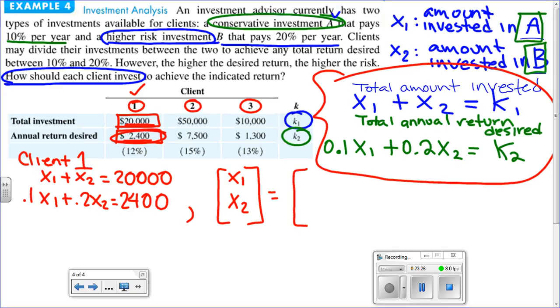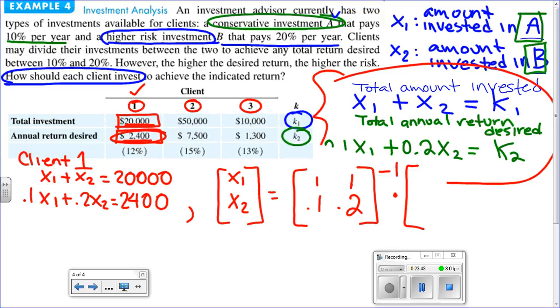Here we're going to need matrix A, the matrix of coefficients, and we're going to need the inverse of that, times the constants, which are 20,000 and 2,400.